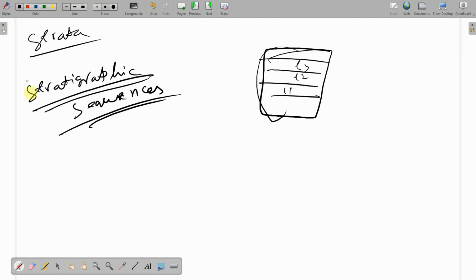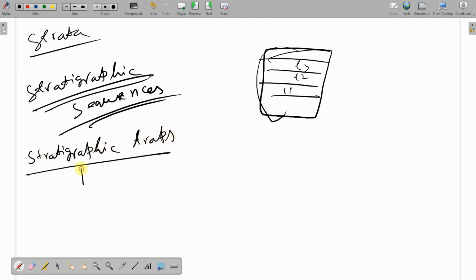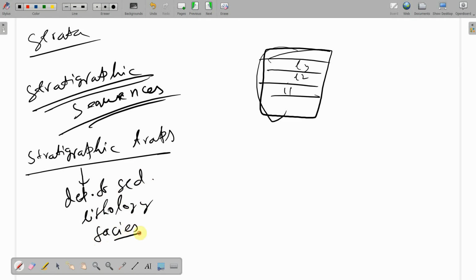Obviously they will be related to, if I talk about the stratigraphic traps, then they will be related to depositions of sediments. Okay, then lithology, then the facies. Let me make you understand one thing, what facies means.